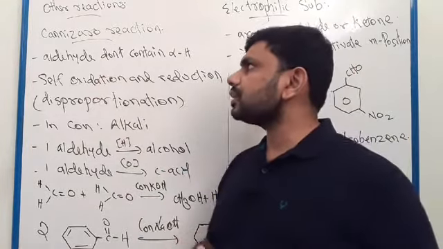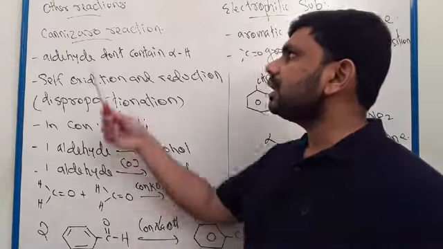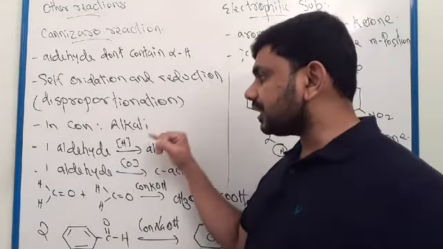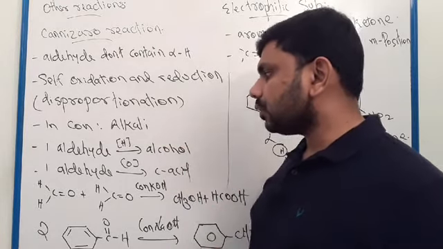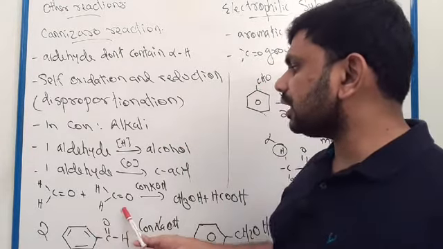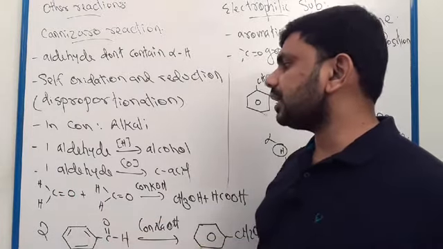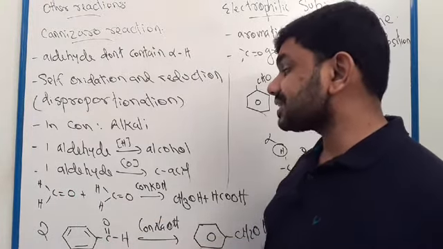Such a type of chemical reaction is the Cannizzaro reaction. So in the Cannizzaro reaction there is both reduction and oxidation. This is one example. See here, the same type of two molecules of aldehyde, formaldehyde. This is methanol.